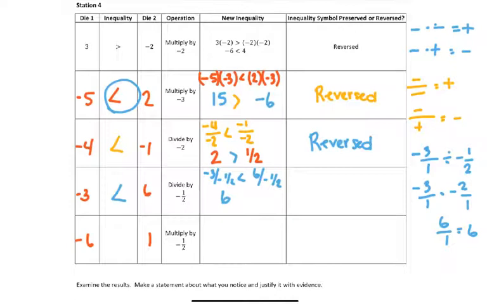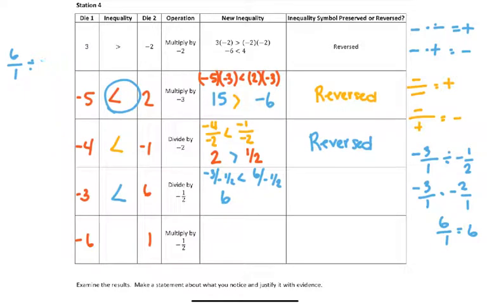On the right side, we have 6 over 1 divided by -1/2. So we are going to write that as 6 over 1 multiplied by -2 over 1. And that means that that side is -12. So I've got -12. I'm sorry, guys, I did that incorrectly. I did that very incorrectly. Let's try that again.